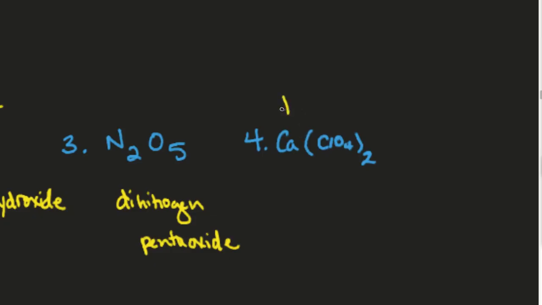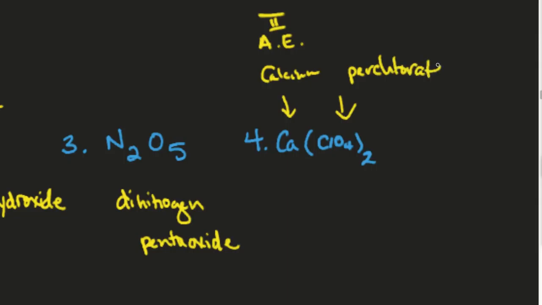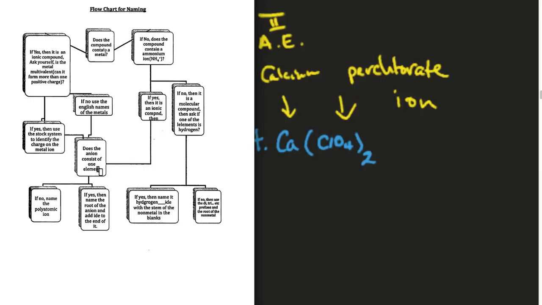This one is calcium, which is also an alkali earth metal, in group 2, and this is the perchlorate ion. So if we were following the flow chart, you would say, okay, does it have a metal? Yes, it does.